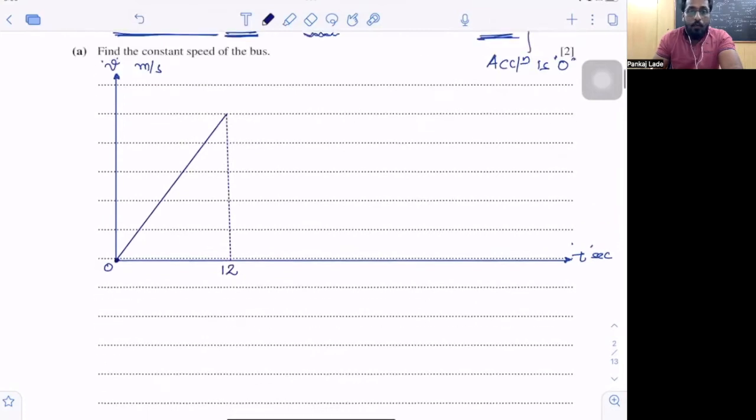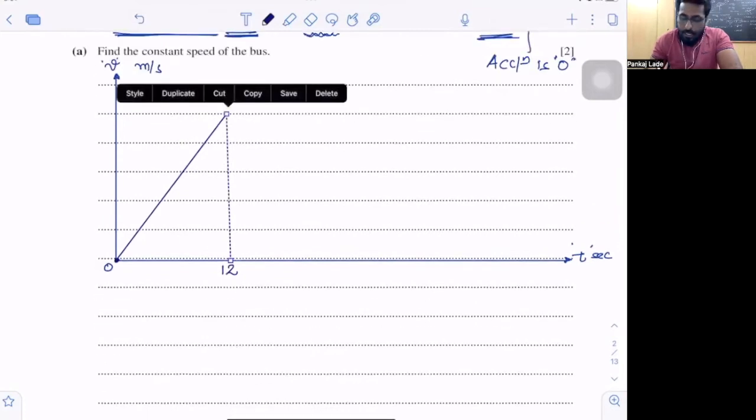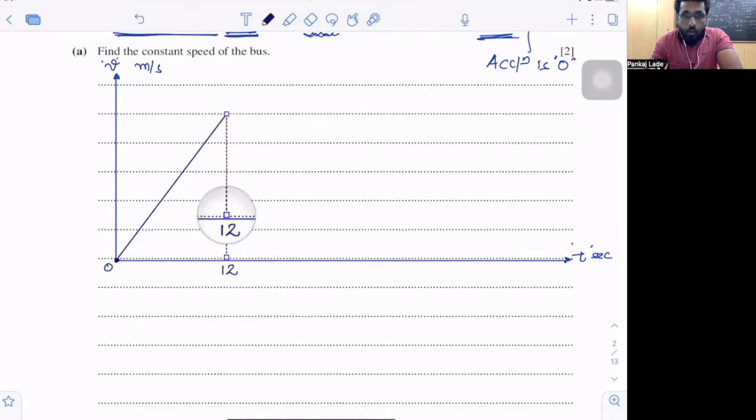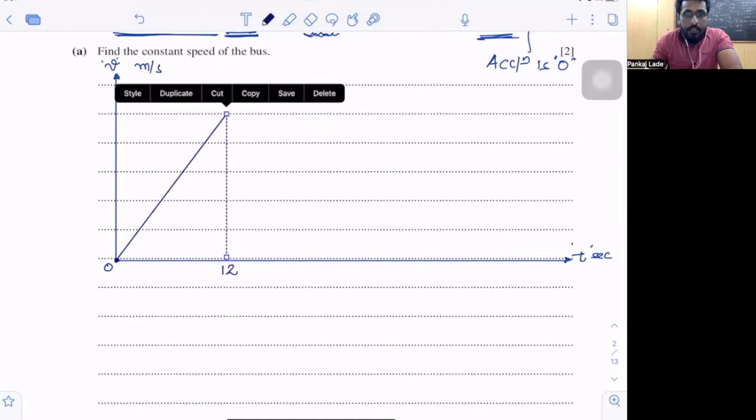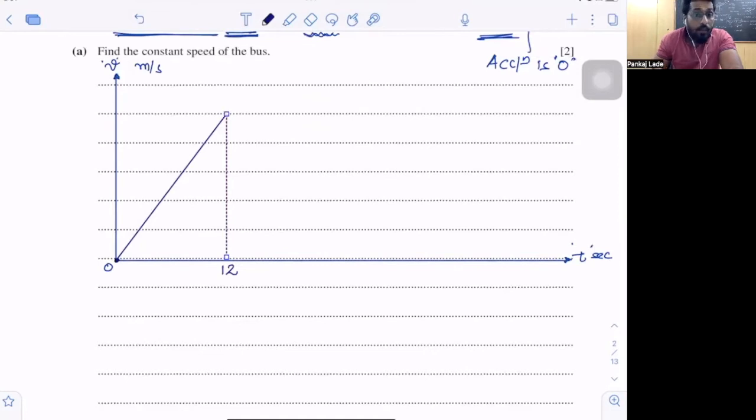Okay, now I can see that in 12 seconds, the particle is going to attain some velocity, right? I do not know what that velocity is. Let's say that velocity is v. Okay, I'm going to consider that the particle at the end of 12 seconds has attained a velocity of v meter per second.